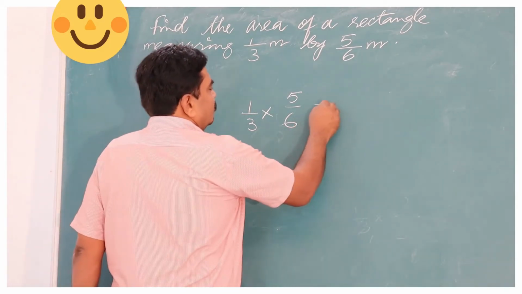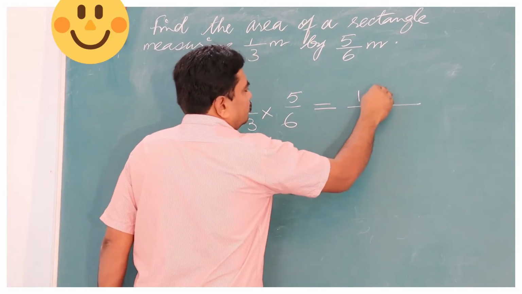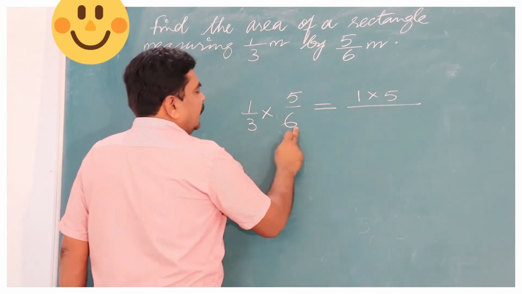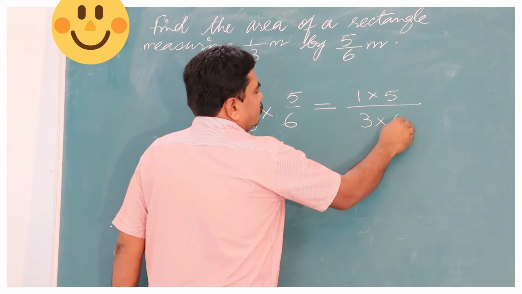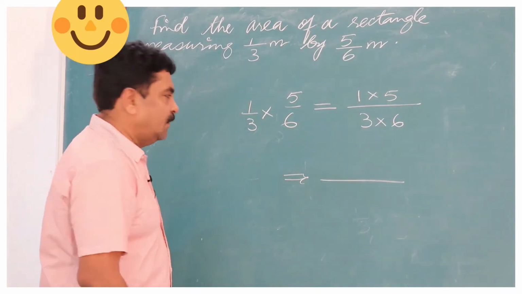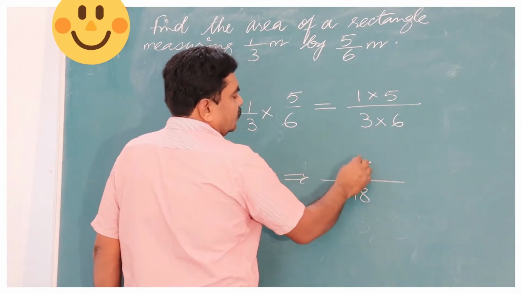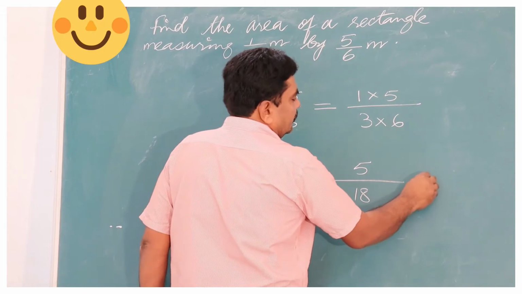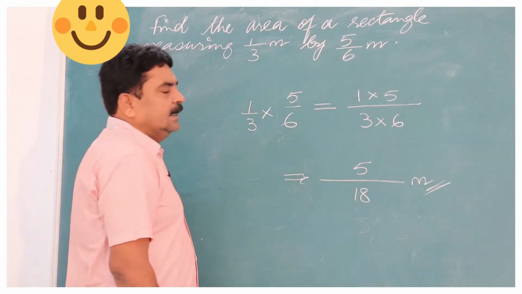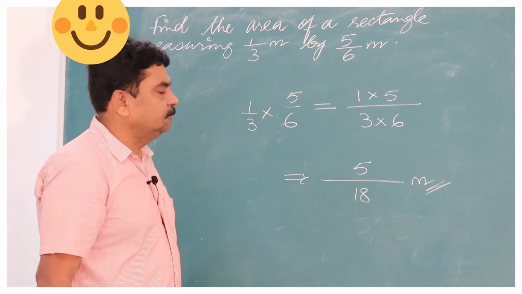For that, you have to multiply 1 into 5, 3 into 6. So 1 five times is 5 and 3 sixes are 18. So 5 by 18 meters is the area, length into breadth.